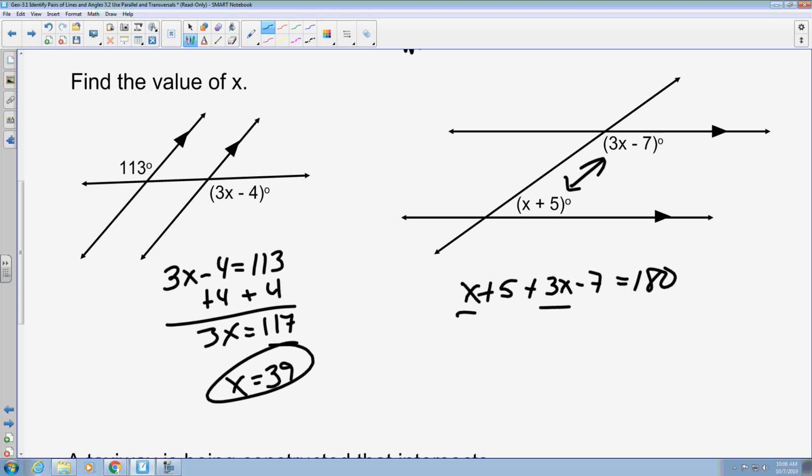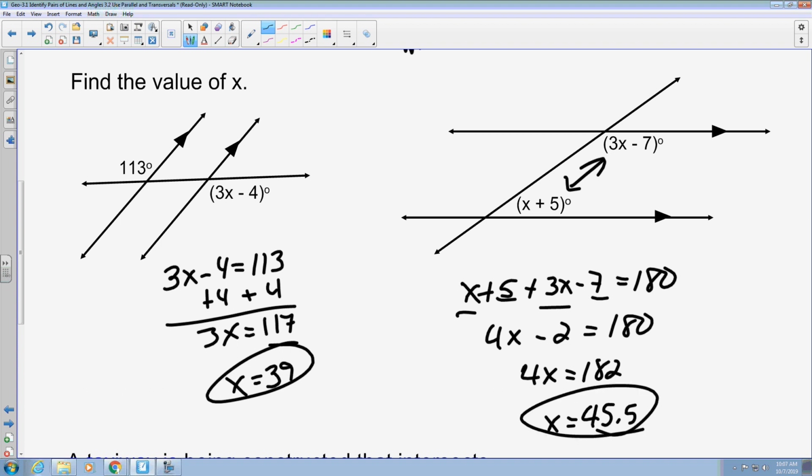Combining like terms gives me 4x for the variable and minus 2 for the constants. That equals 180. Add 2 to both sides, now I have 4x equals 182. Divide everything by 4, and x is going to equal 45.5.